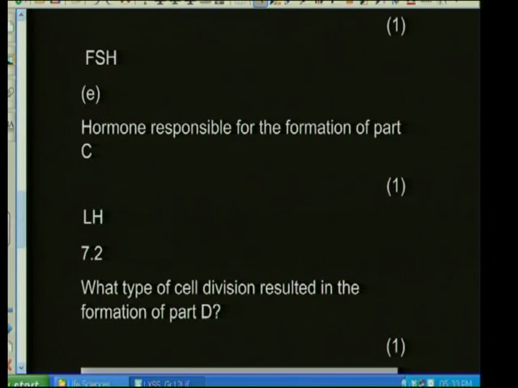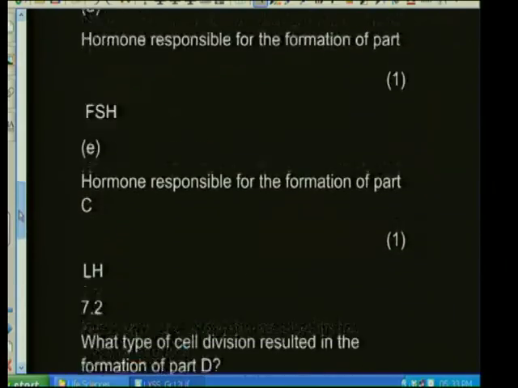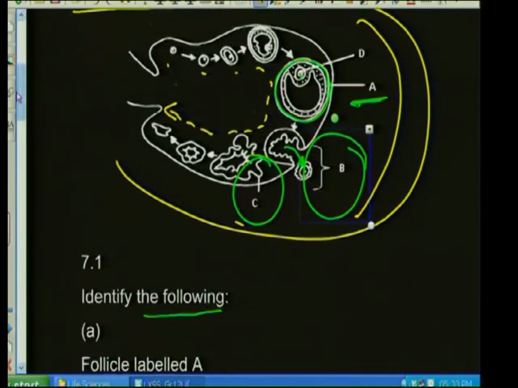Now what hormone caused that? It will be the hormone that caused ovulation. And that hormone, the name is LH, luteinizing hormone. What type of cell division resulted in the formation of part D? Part D, I told you earlier, is the ovum.